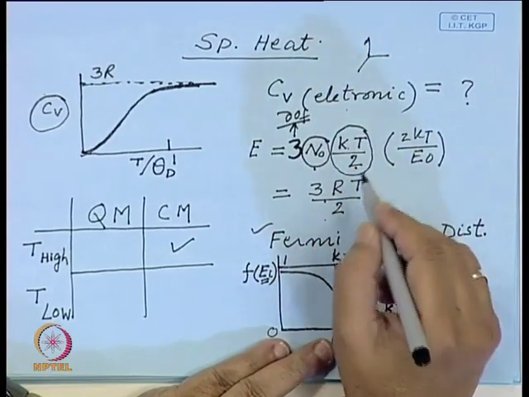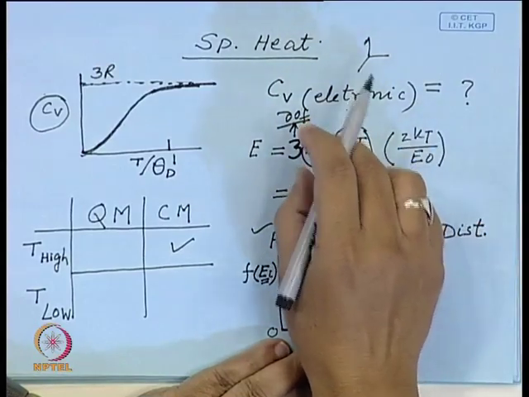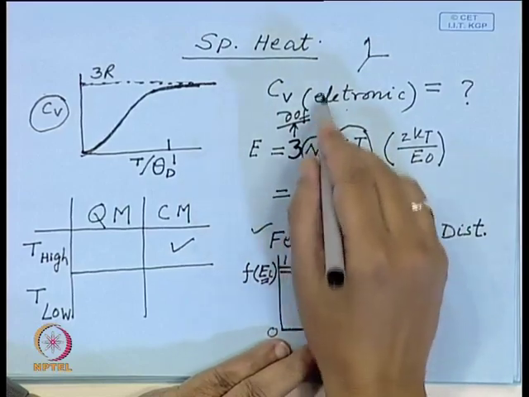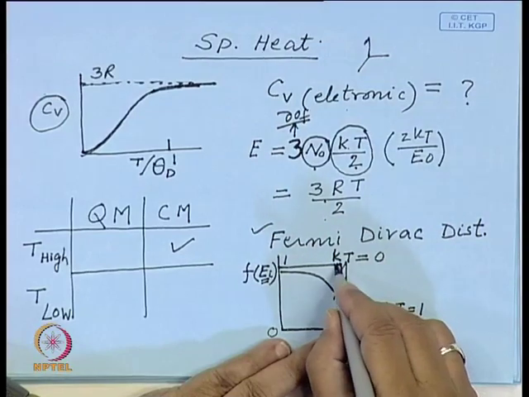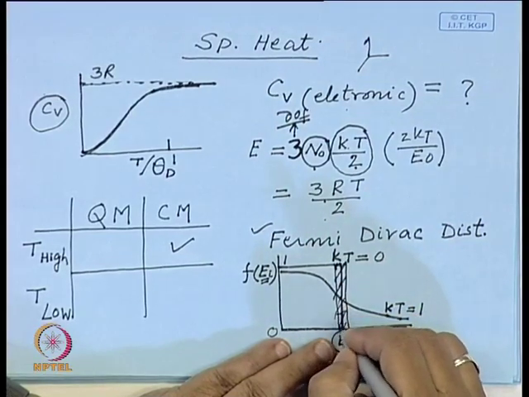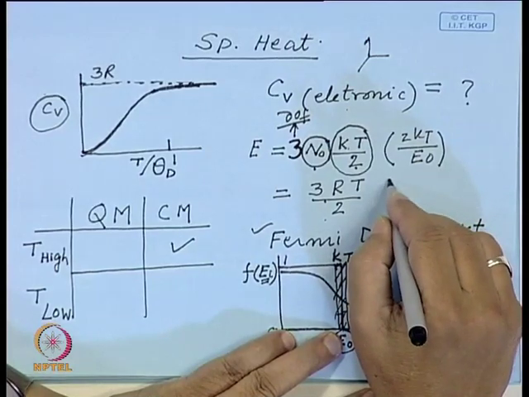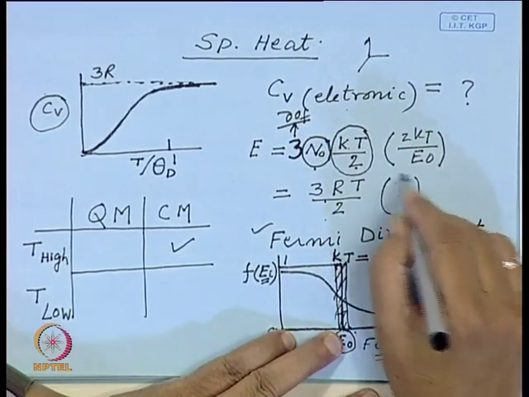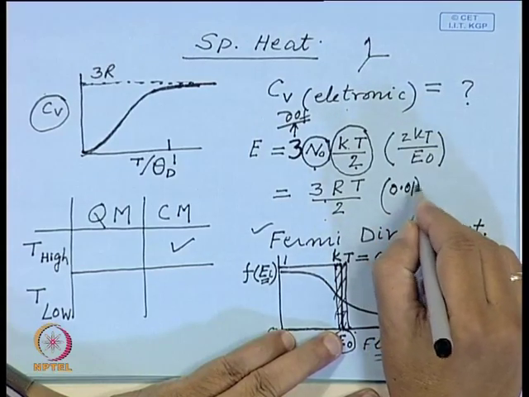Quantum mechanics is applicable, and because of it all electrons do not contribute towards the specific heat. Only the electrons near the Fermi level can absorb energy, and this may come out to be maybe 1%, or it may be 0.01%.